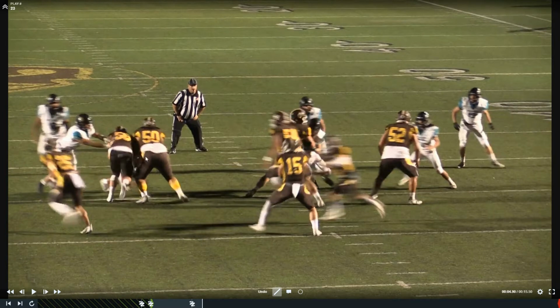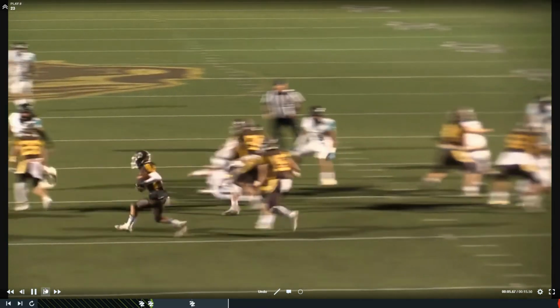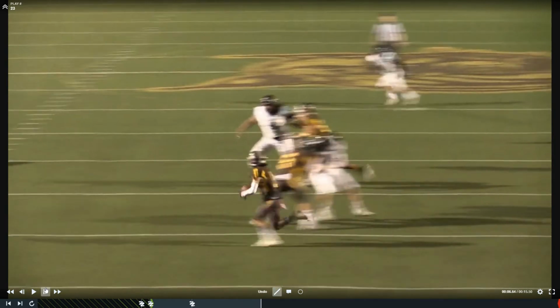Now, the low block is occurring, and this player is making forcible contact, I would say that's a chop block. And, you know, easy to miss, but that's what we get paid the big money for. Anyway, let's move on.